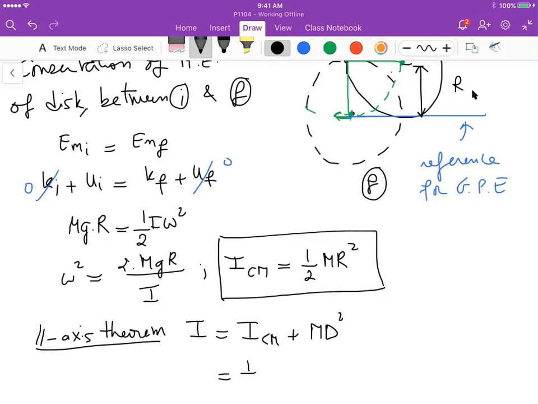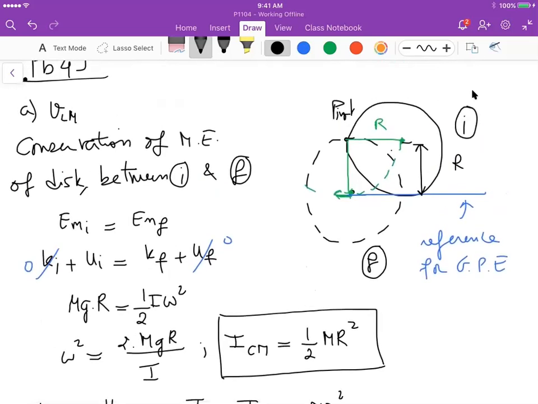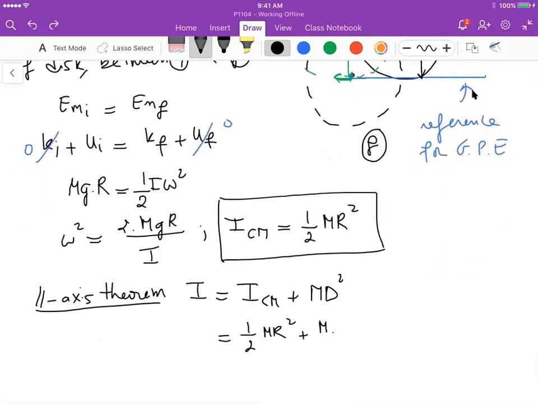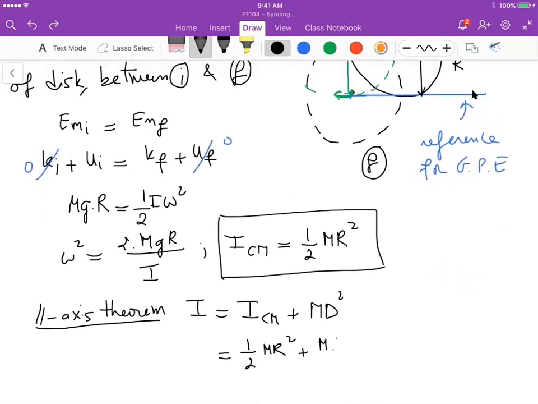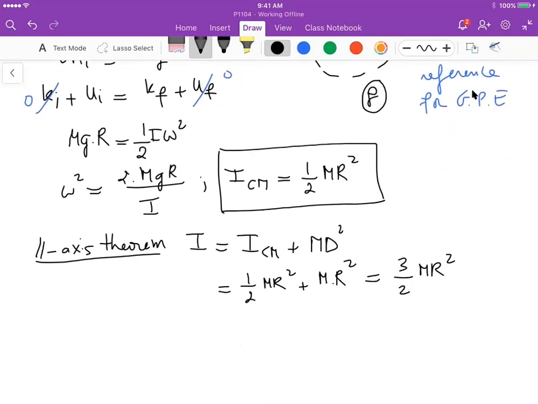I center of mass is half m r squared, plus m times the distance between the two axes, which is r. So d equals r, and we end up with 3 over 2 m r squared for the moment of inertia about the axis of rotation.